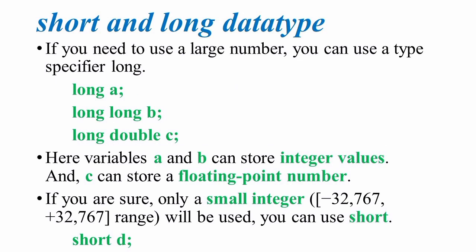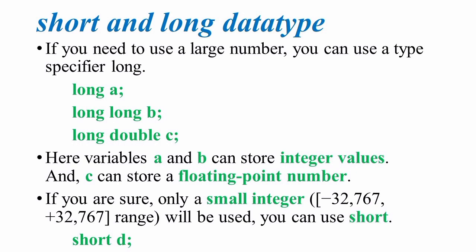Next, short and long data type. If you need to use a large number, you can use a type specifier long. Here is an example. long a, long b, long double c. Here, variables a and b can store integer values and c can store a floating point number. If you are sure only a small integer will be used, you can use short data type.